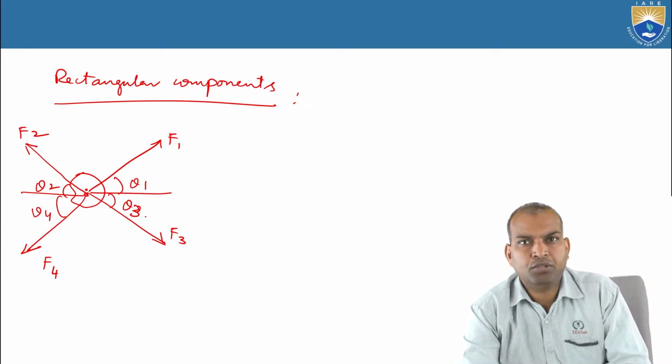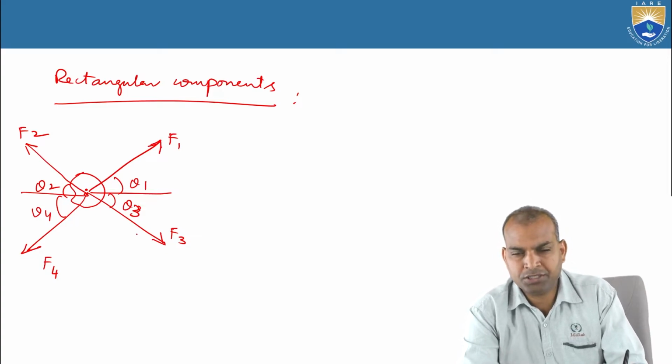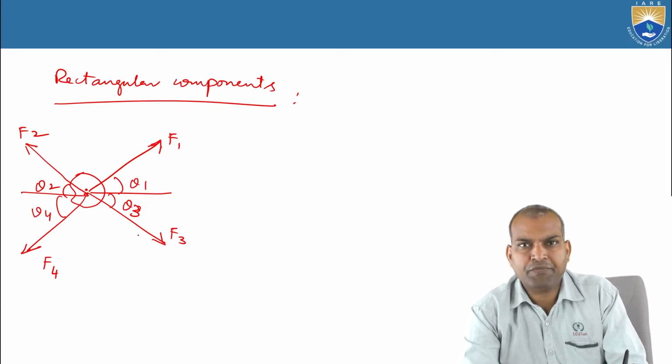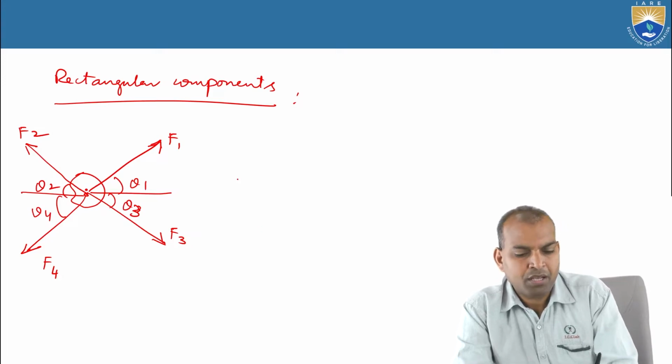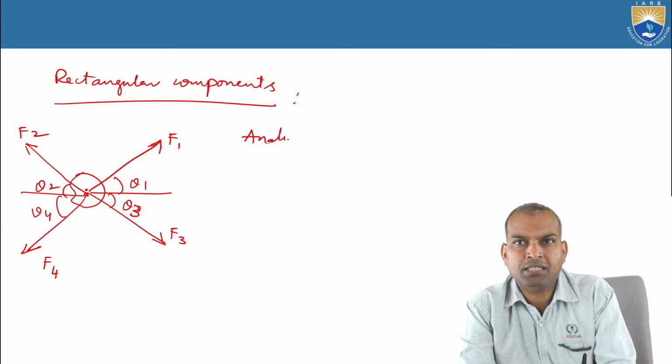So how to find the resultant force? There are two methods. One is the graphical method by using the Polygon law, and another one is the analytical method. We are going to study the analytical method.